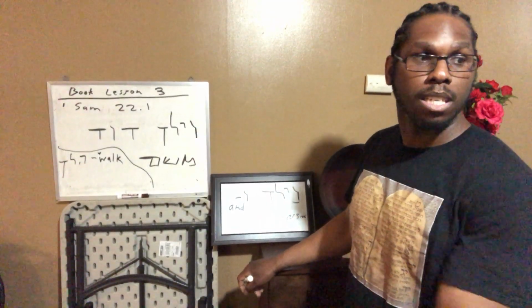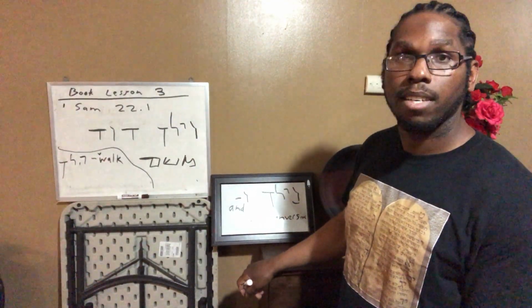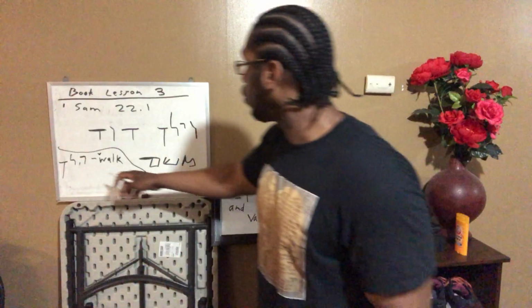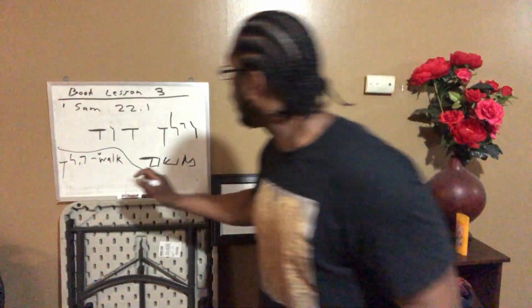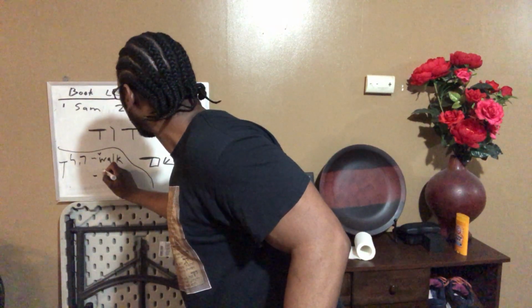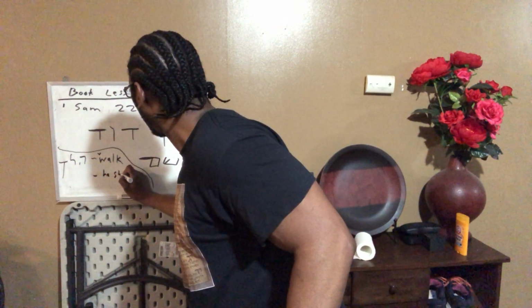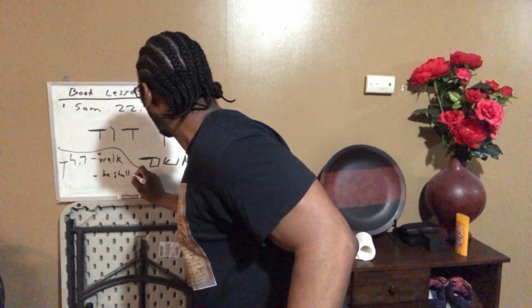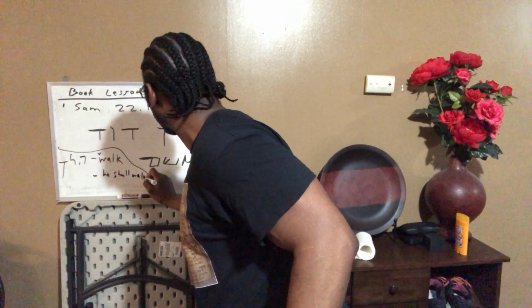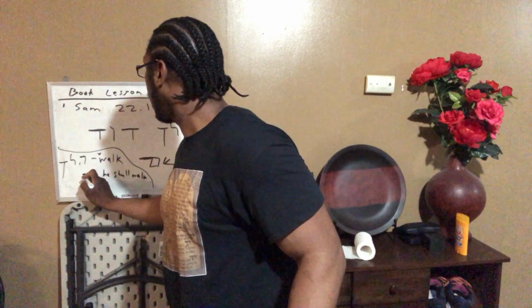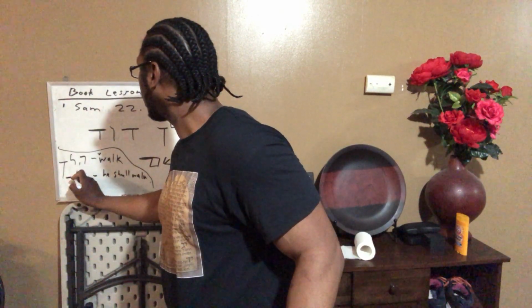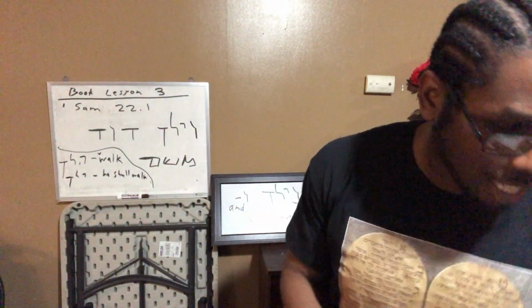So in the future it will be he. Now this is also known as a weak vowel. So when we say he shall walk, it drops the ha. It says yelech. So he shall walk is yelech.